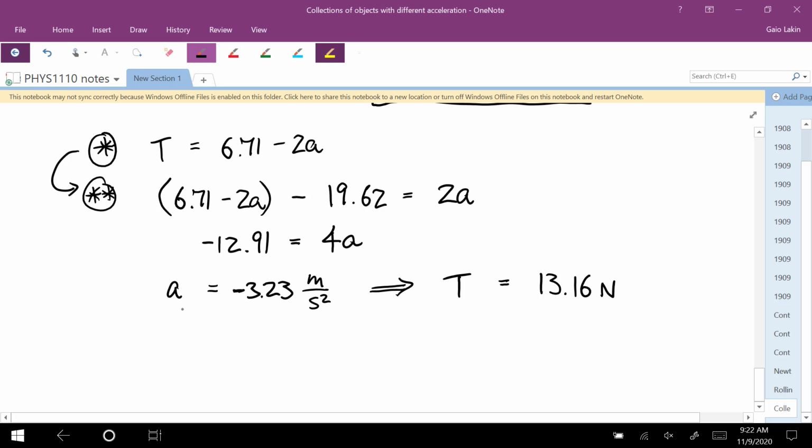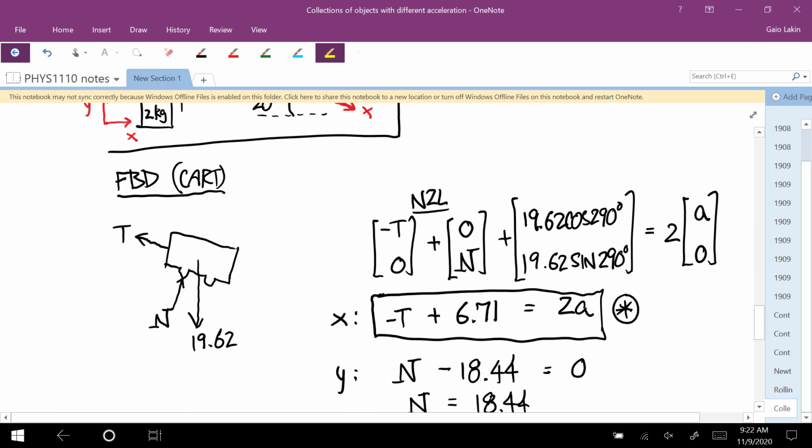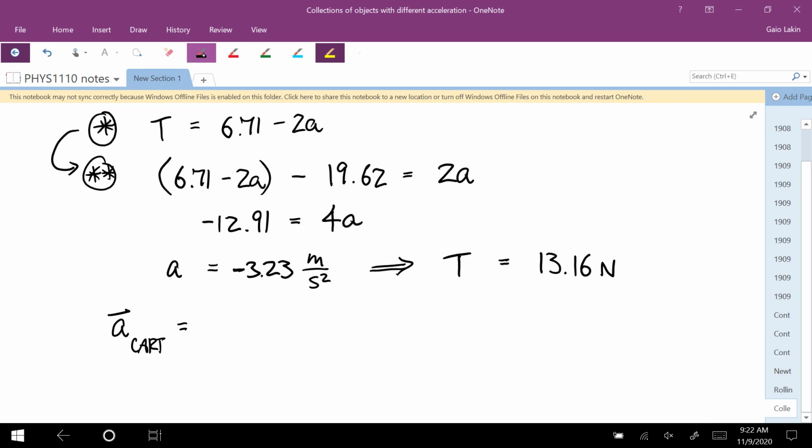Now, if you want to know the acceleration vector of the cart, plug this value of A back into your acceleration vector that you used in Newton's second law. And you get an acceleration of negative 3.23 for x, 0 for y.